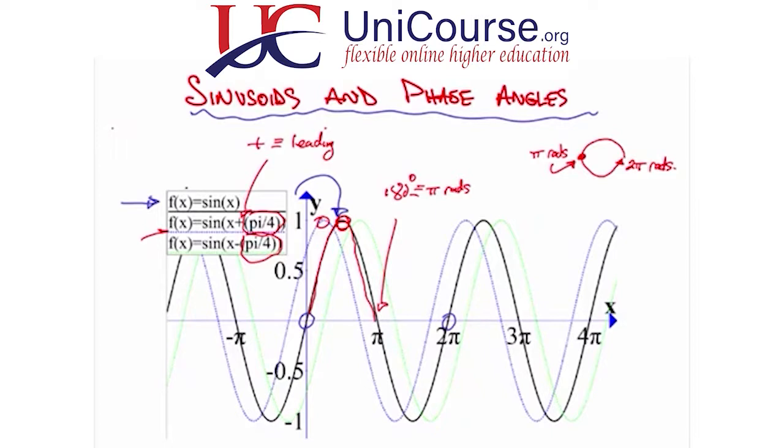So what do we mean by pi by 4? Well, we know pi is 180. So what's 180 divided by 4? Yep, it's 45 degrees. So we have a 45 degree lead here. And when we say lead, a waveform will lead another if it peaks before the other one.